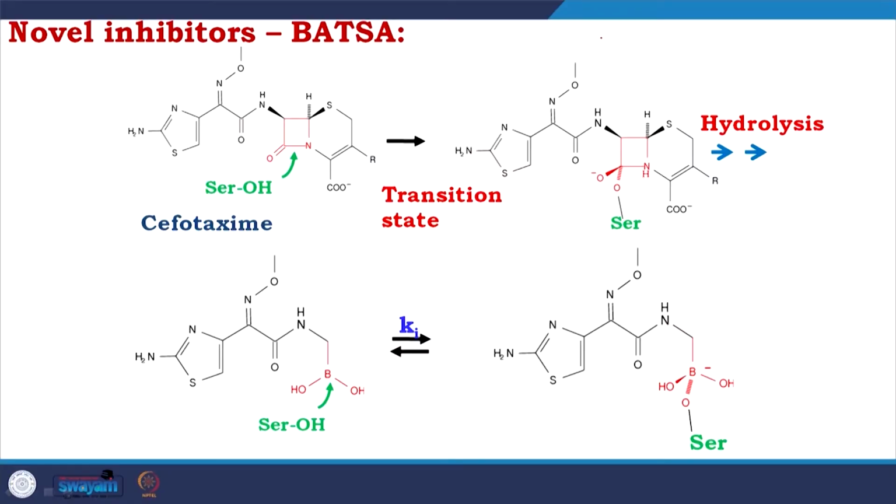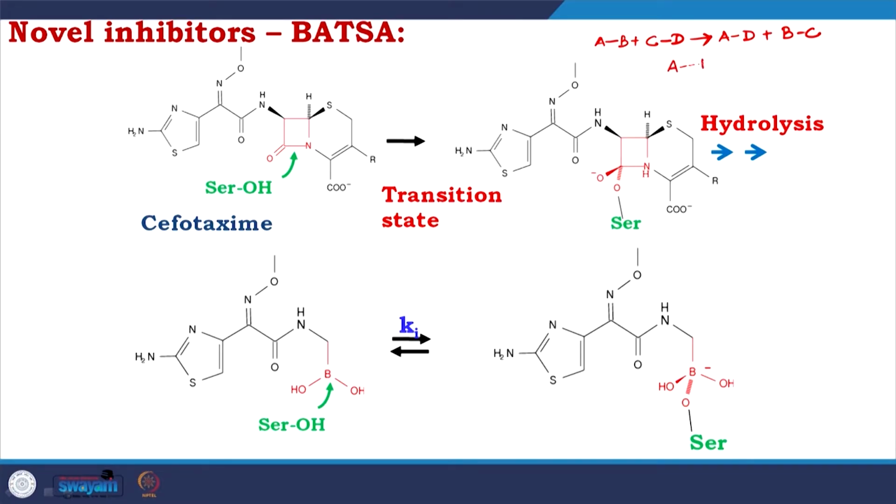What is a transition state inhibitor? I have explained it already. You have A-B reacting with C-D to make A-D and B-C. So, to do that, what is needed?